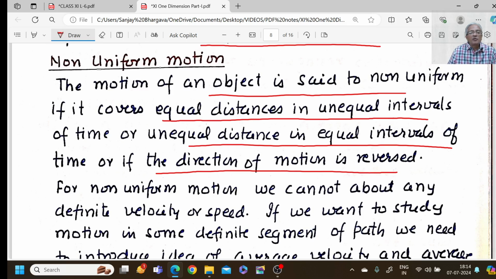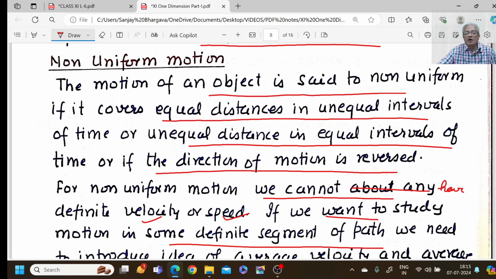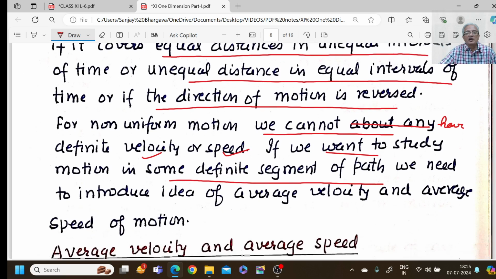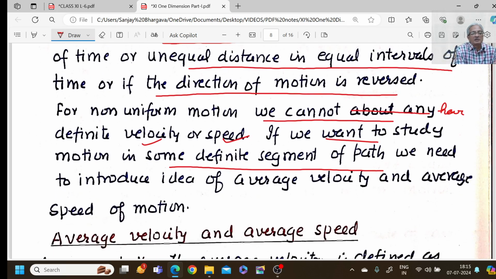For non-uniform motion, we cannot say any definite things about velocity or speed. If we want to study motion in some definite segment of path, we need to introduce the idea of average velocity and average speed of the motion.